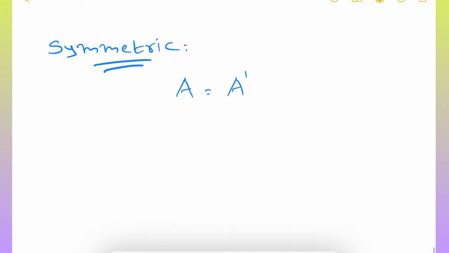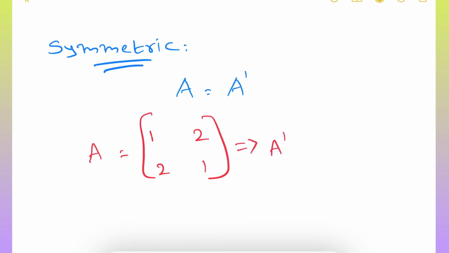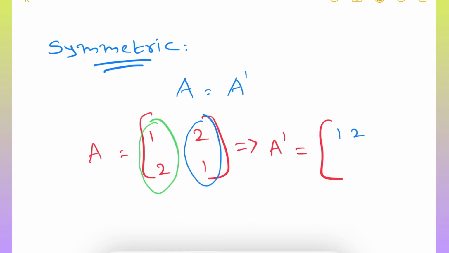For example, I am taking one matrix 1 2, 2 1. This is the original matrix A. Now let us write the transpose for this matrix. Here 1 2 is the column. We need to write that column as the row 1 2. The second column is 2 1, and we write it as the second row 2 1.